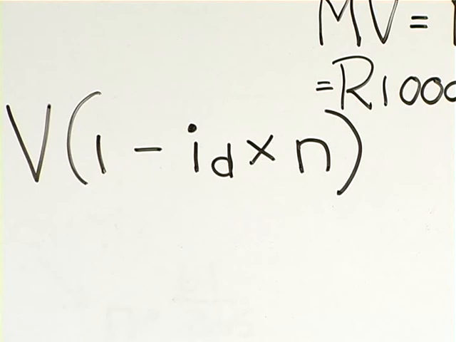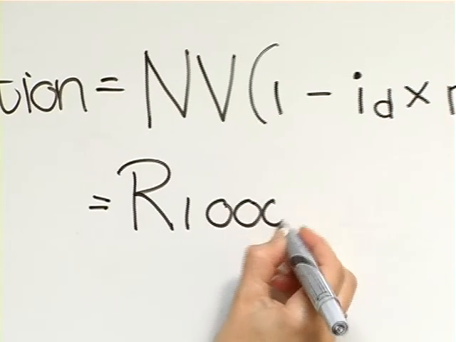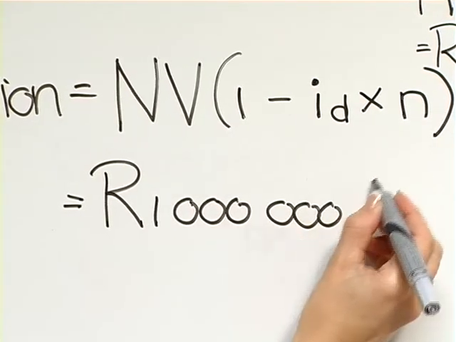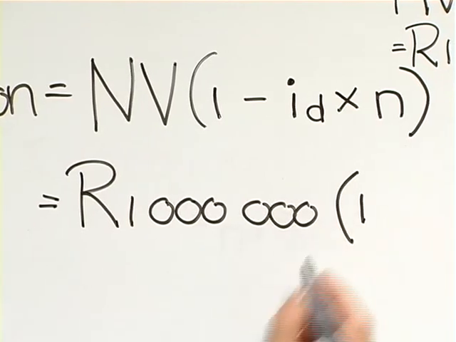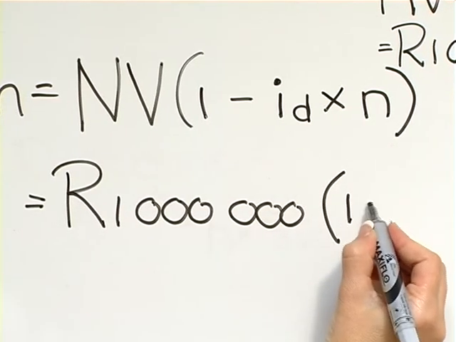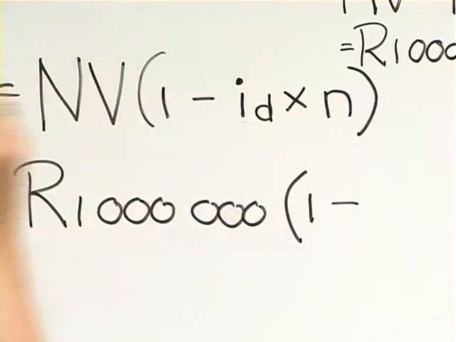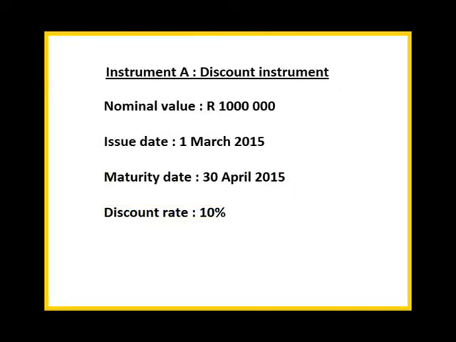That is equal to 1,000,000, times, in brackets, 1 minus the discount rate. Now in this case, the discount rate is 10%.